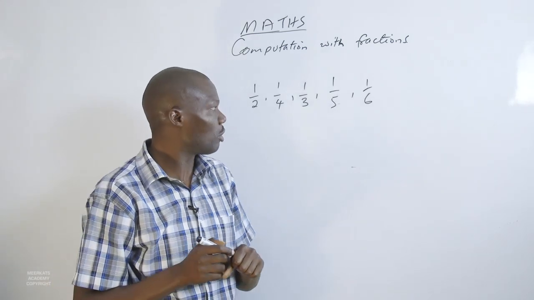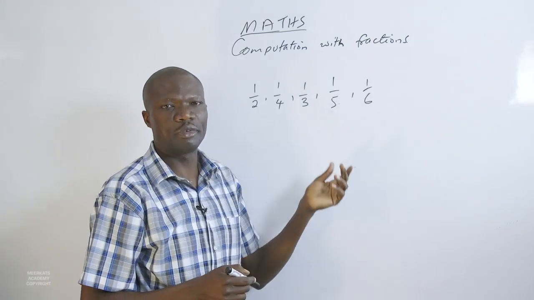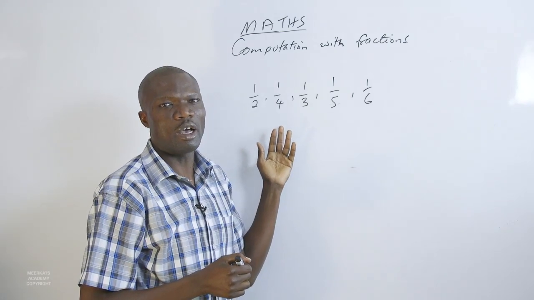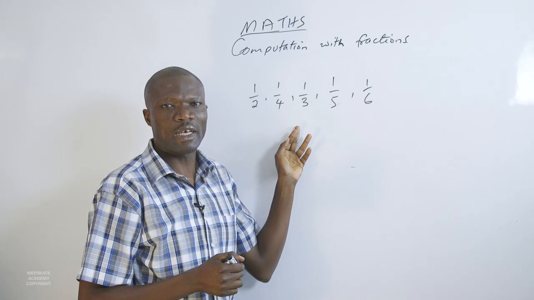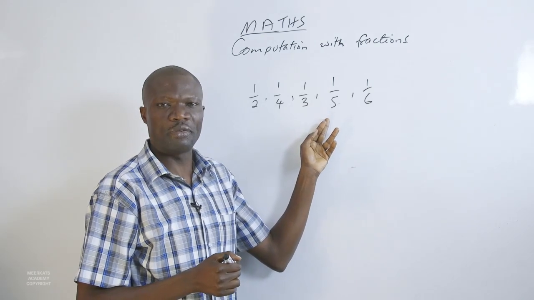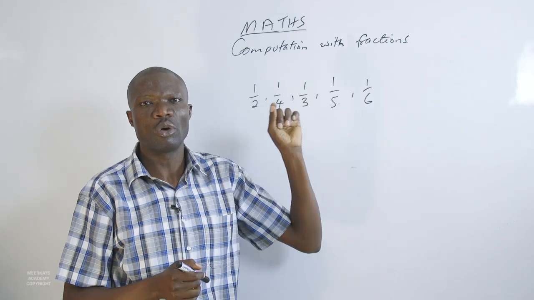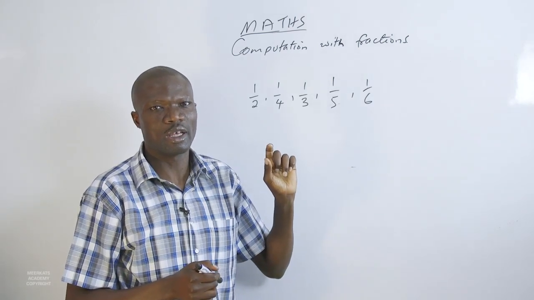We have a group of 5 fractions here: a half, a quarter, a third, a fifth, and a sixth, or we call it 1/6.